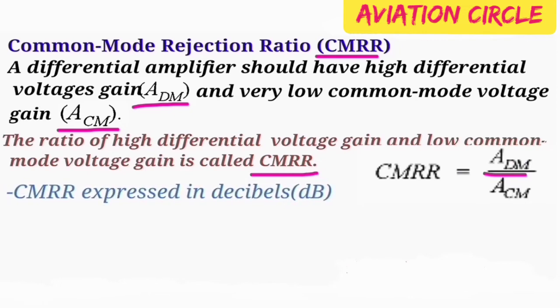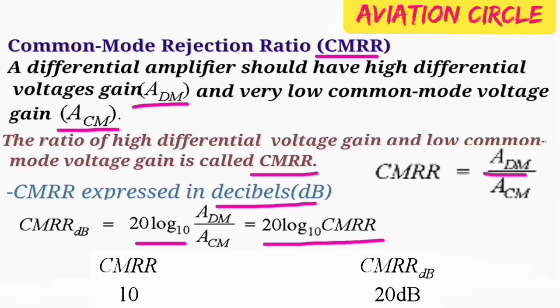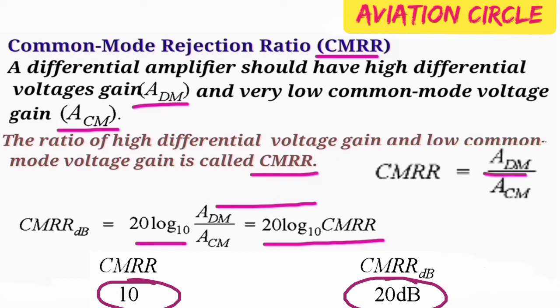CMRR is expressed in decibels: CMRR dB equals 20 log base 10 of ADM upon ACM, equal to 20 log base 10 of CMRR. If the value of CMRR is 10, then CMRR dB equals 20 log 10, which is equal to 20.